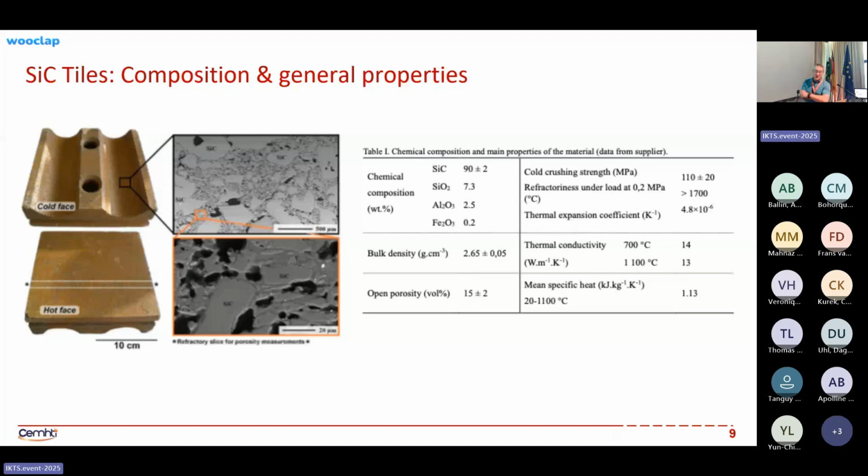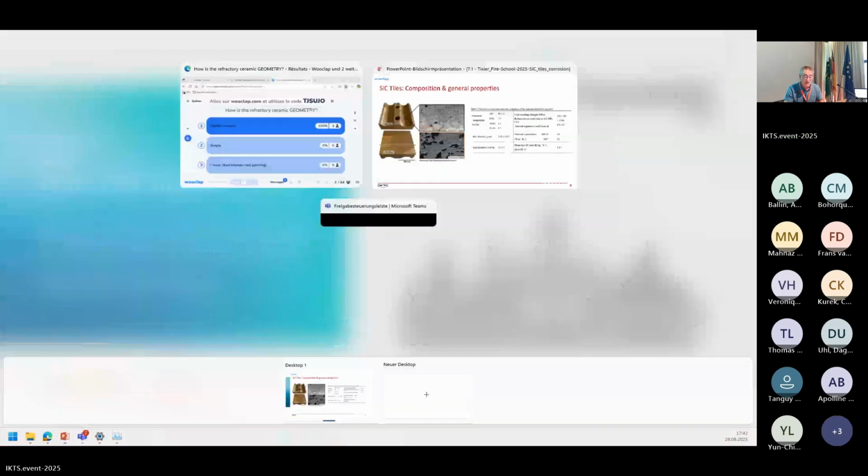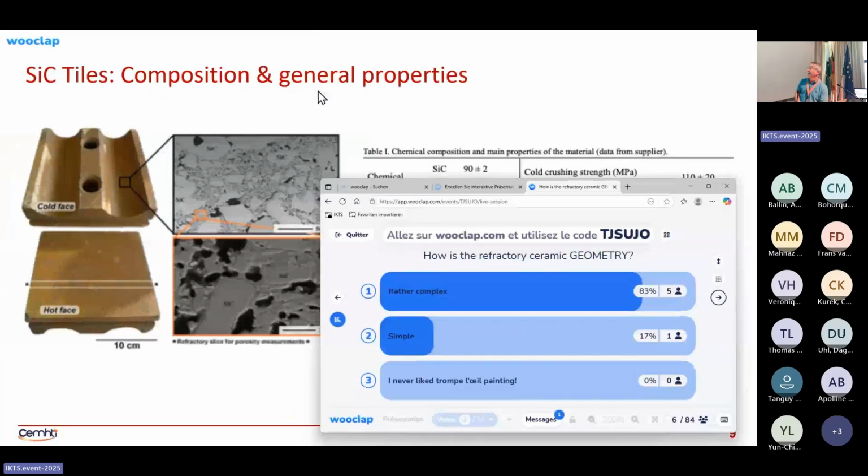The problem is I have to switch between the two screens. And the question is, you understand. Nice. You are faster than me. Thank you very much for your help. Yes, agree. It is rather complex.